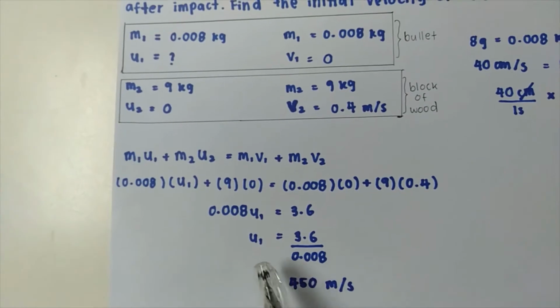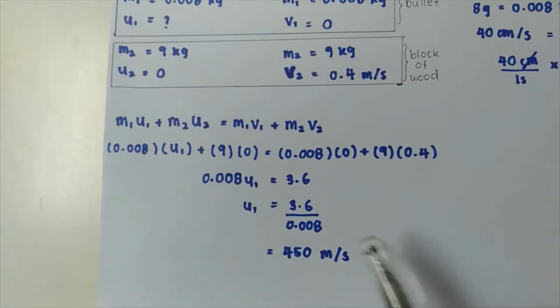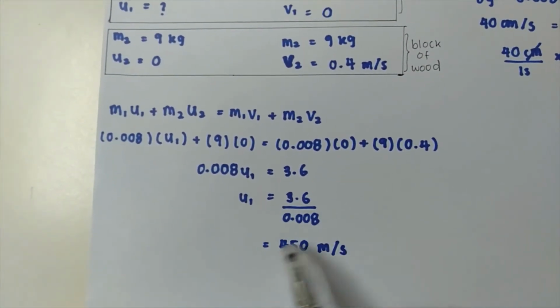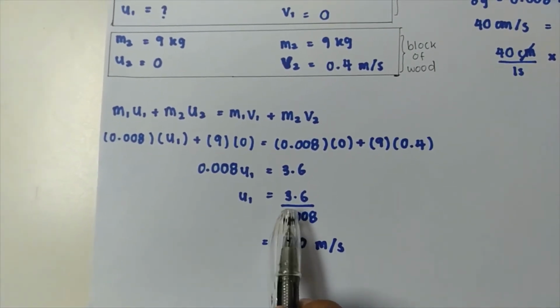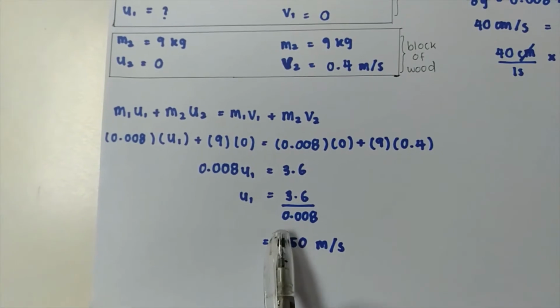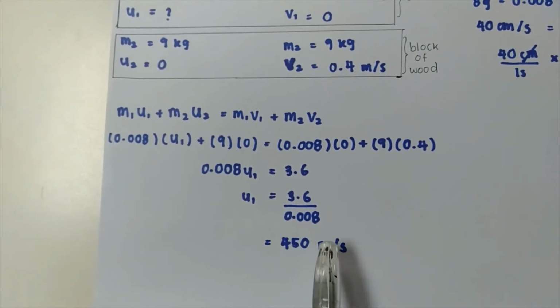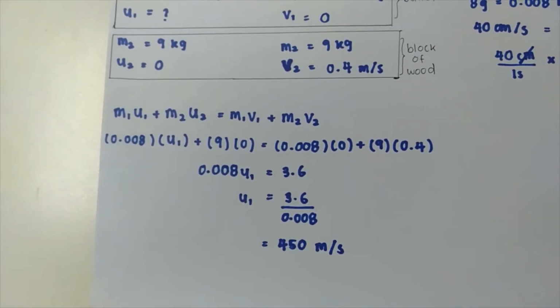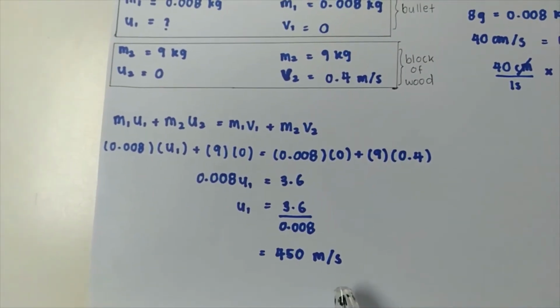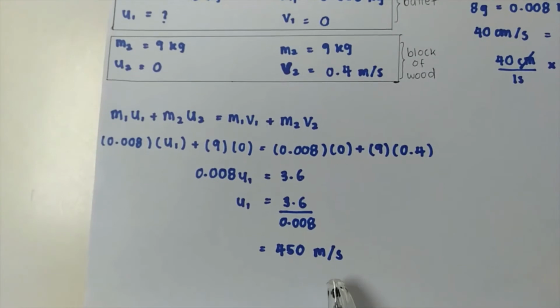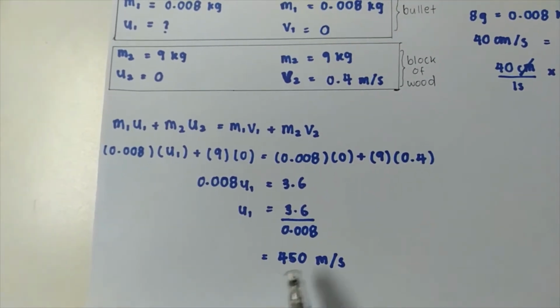Okay, this is the mathematics step. Just convert everything, and then you get U1 equals 3.6 over 0.008. And the final answer that we got is 450 meter per second. So this is the answer for the initial velocity of the bullet.